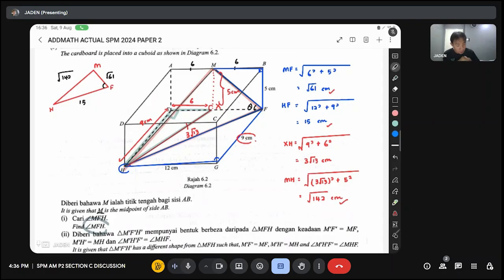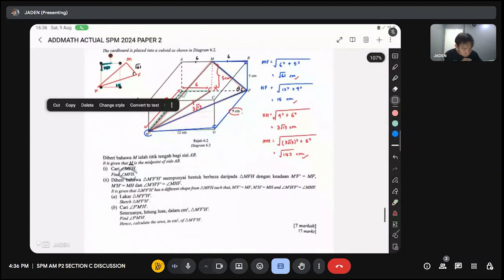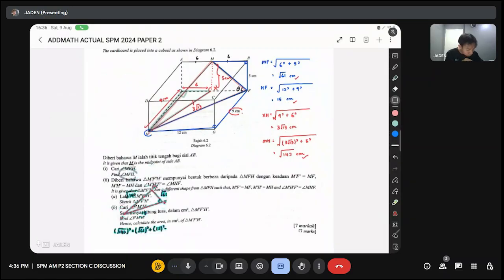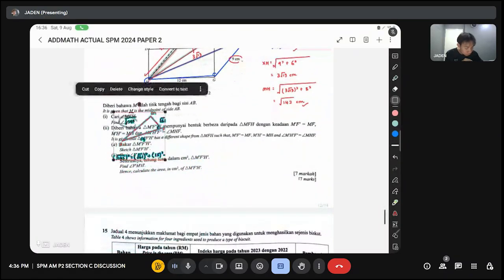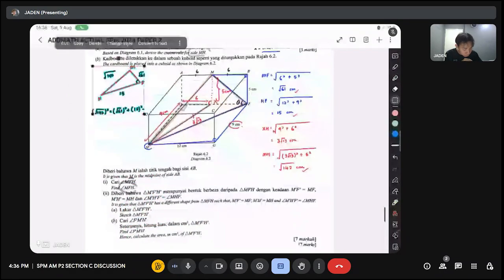So cosine rule means I will write down (√142)² equal to (√61)² plus 15² minus, all right, I'm out of space. Let me just copy this down. Okay, it's okay, let me just continue here.